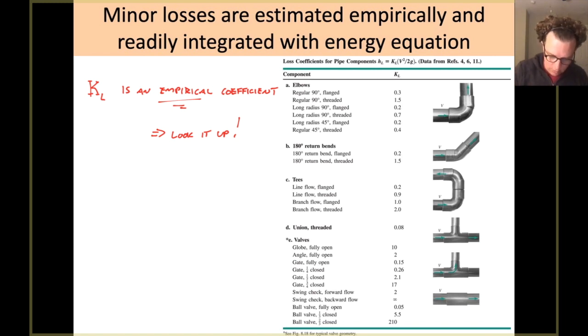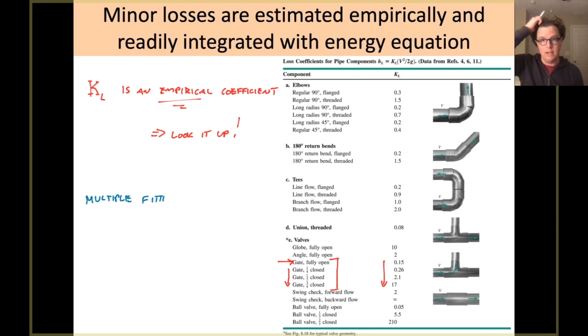For example, if you've got a gate valve, just having the presence of that gate valve, where it says gate fully open, even if it's not slowing down the fluid, it is tripping up the flow and you're getting minor losses. And then as you increasingly close that valve, those head losses become substantial. So for these minor loss terms, we're going to look up these coefficients in a table.